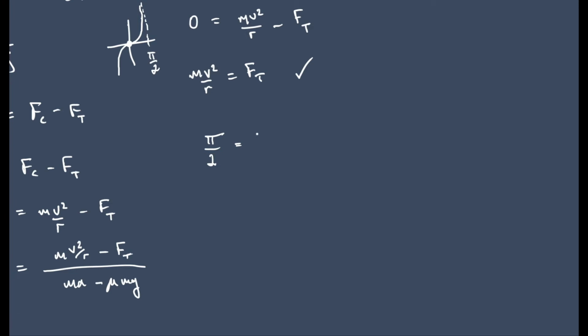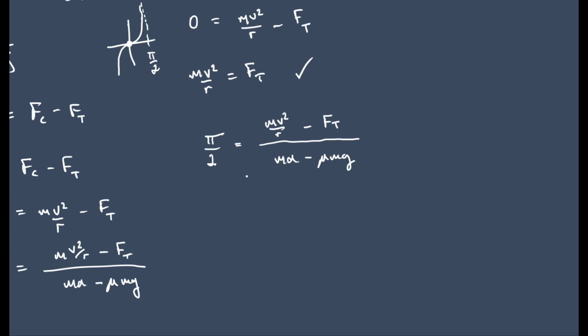If we set this whole thing right here to pi over 2, let's see what conditions have to be met in order for this thing to be undefined. So we have this ma minus mu mg.